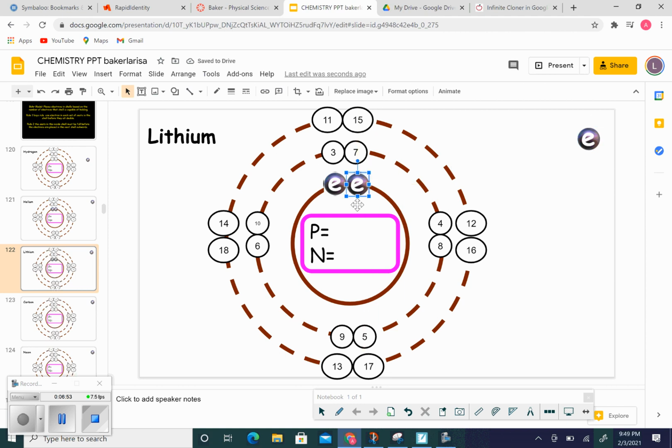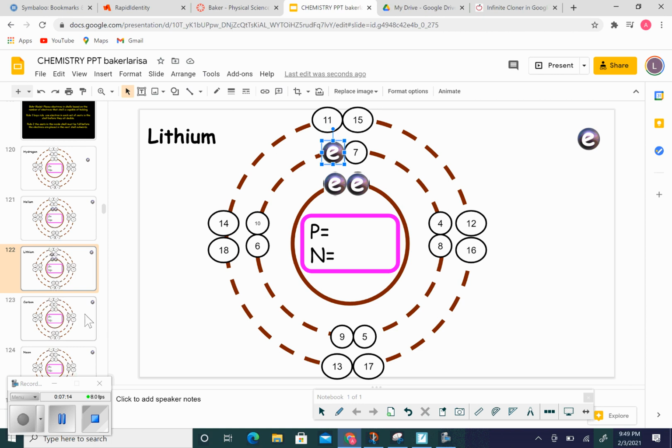So is this bus full? Yes, this bus is full. Now we're going to grab the 3rd electron and put it right there. So this is exactly what lithium looks like: electron number 1, electron number 2, electron number 3.